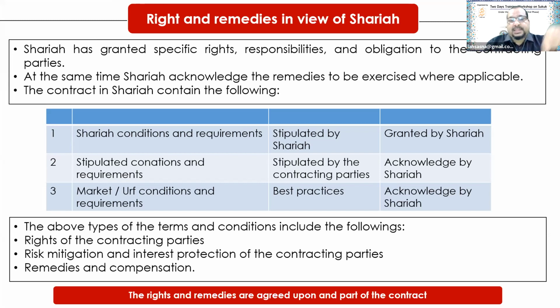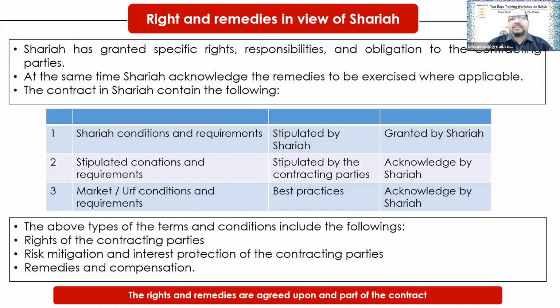So sometimes it's related to Sharia, where Sharia will dictate. Sometimes it is related to the contracting party, where the issuer and the investor will stipulate, provided they agree. No one has the power to enforce. It is based on mutual consent.